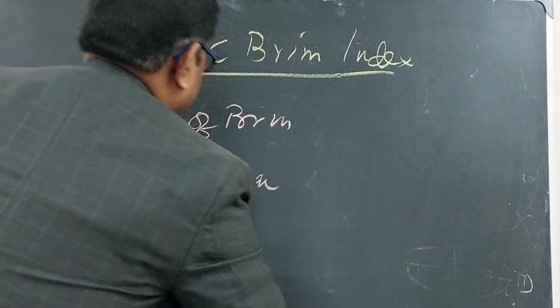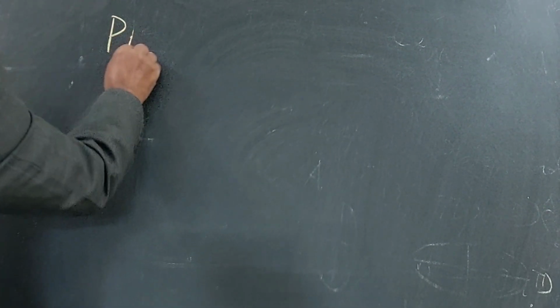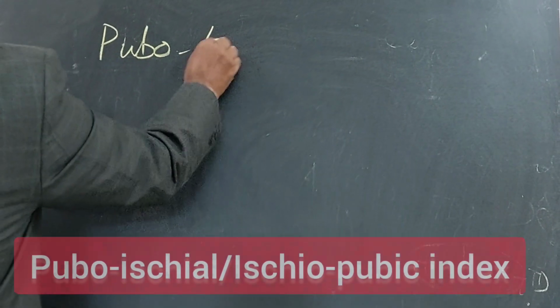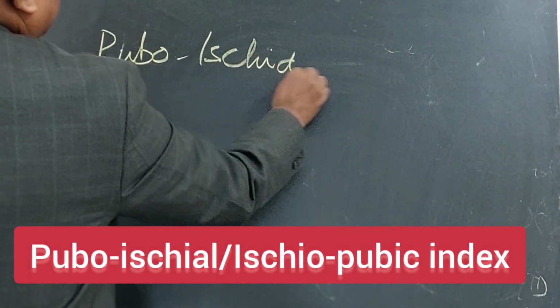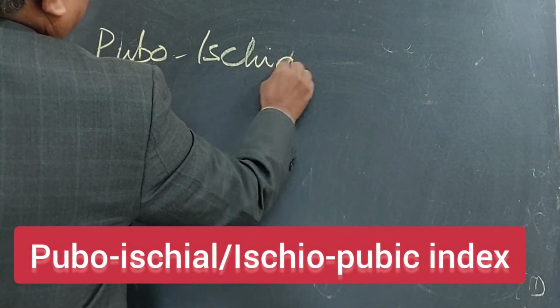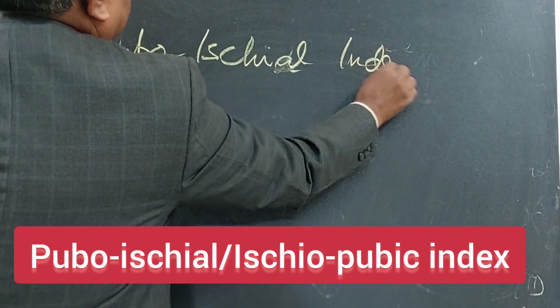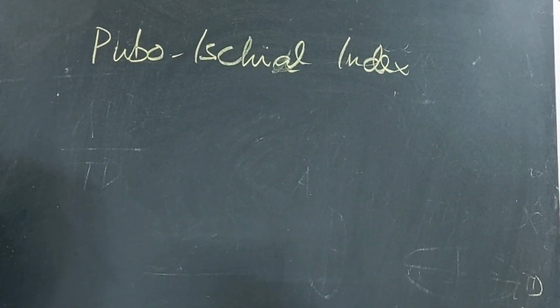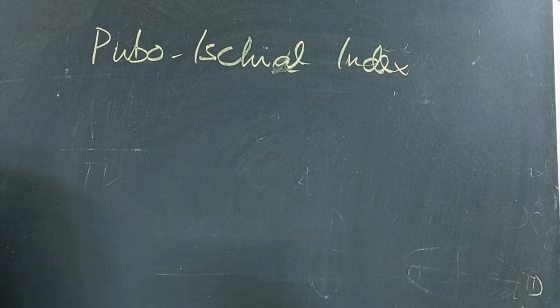Another index, the puboischial index. What is this? How to measure this puboischial index?